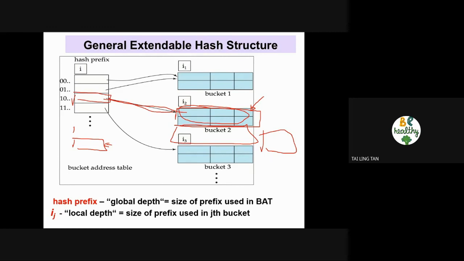If too many inserts go into this bucket, we try to increase i, and we also create another bucket. So copy everything from this bucket to the second part, and point the new i entry to the newly created bucket. After copying or duplicating this, we do the computation again, see which part this one points to, and any of these items which are not needed can be removed. So eventually both of these will have half of the records, and the bucket does not overflow.